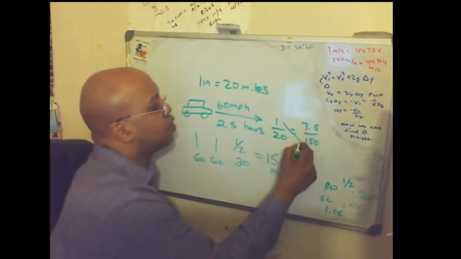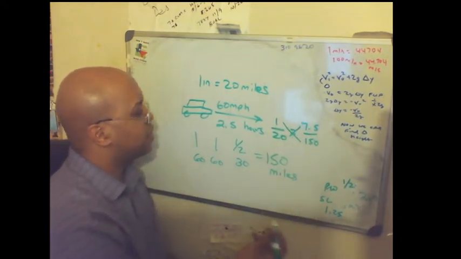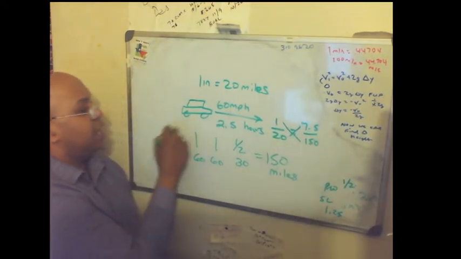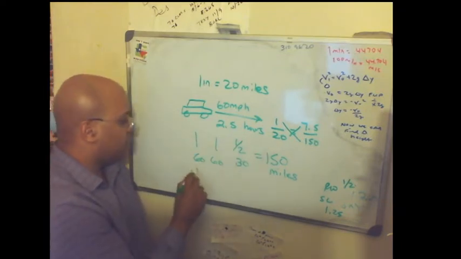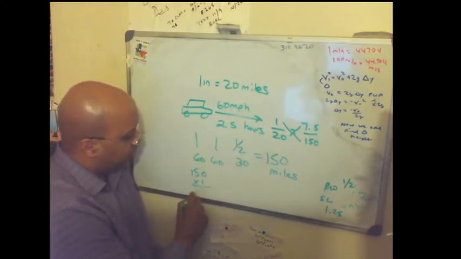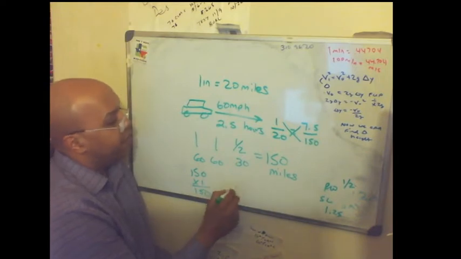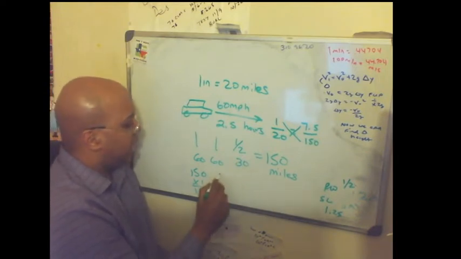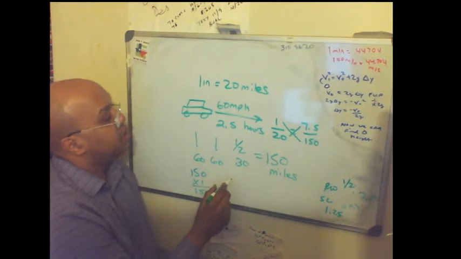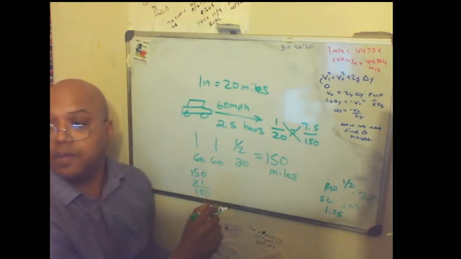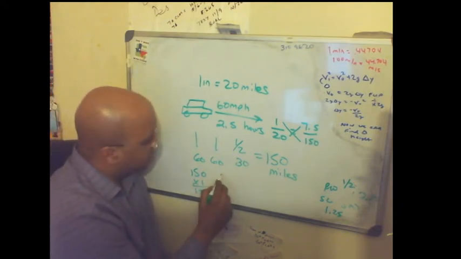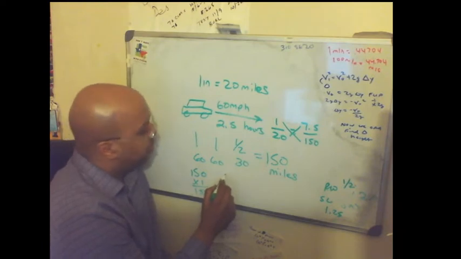If we cross multiply these two, we'll get the same result, and that's how we test it. 150 times 1, we know is 150. The harder one to figure out is the 7.5 inches times 20.